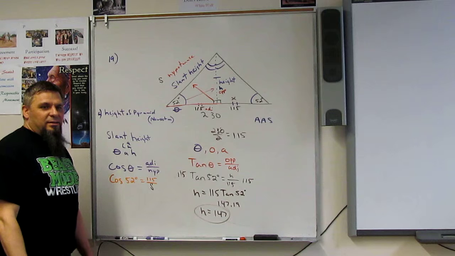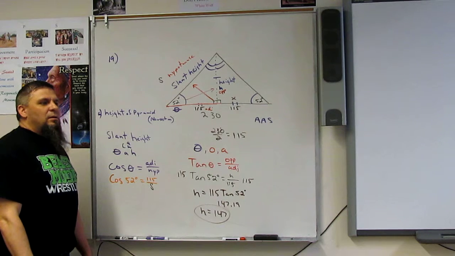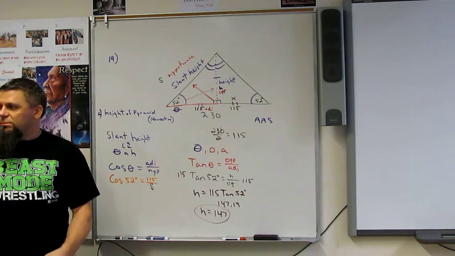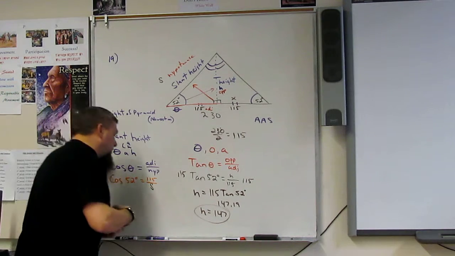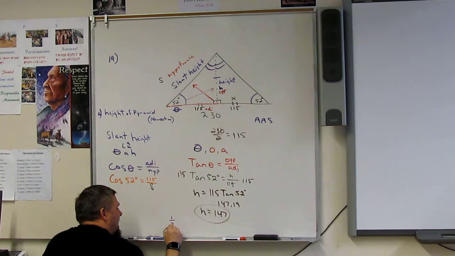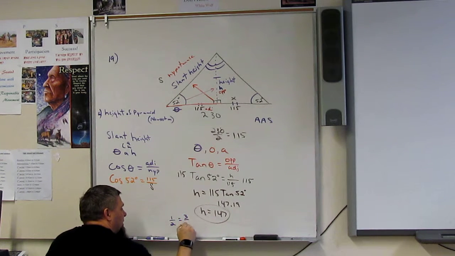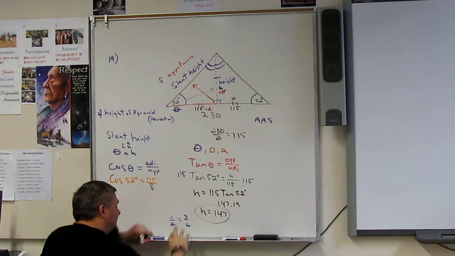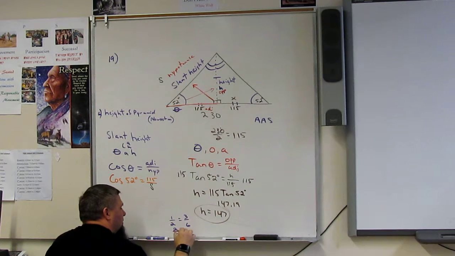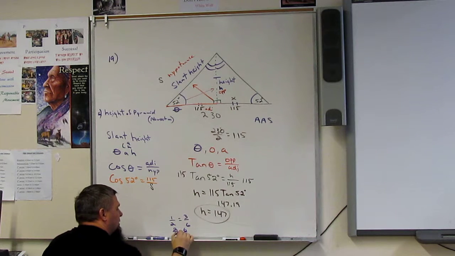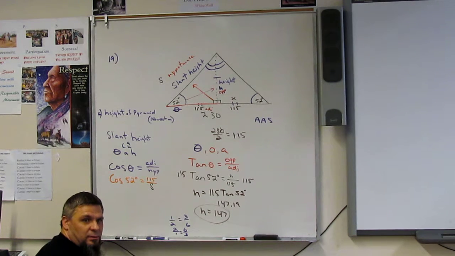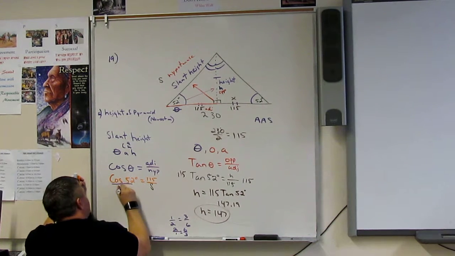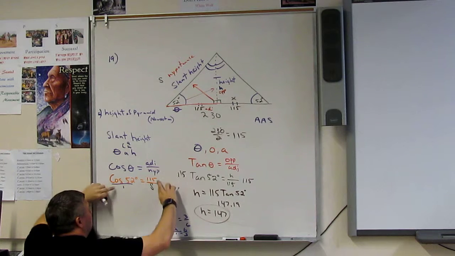Now I have a trick. How do I make my tricks? I use what I know to figure out what I don't know. I know that 1/2 is equal to 3/6. So if I flip these, is 2 over 1 equal to 6 over 3? Does that work? Then that means I can flip these. I can pretend that cosine is over 1 and then flip them.